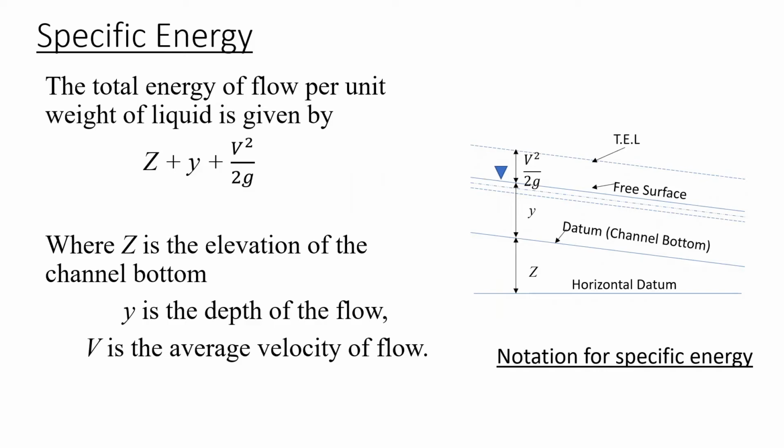Specific energy. Now the total energy of flow per unit weight of liquid is given by Z + Y + V²/2g, where Z is the elevation of the channel bottom, Y is the depth of the flow, and V is the average velocity of flow.